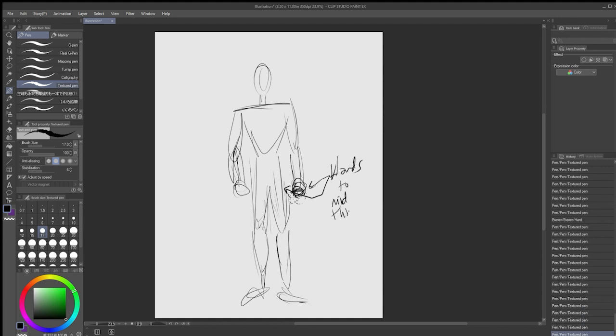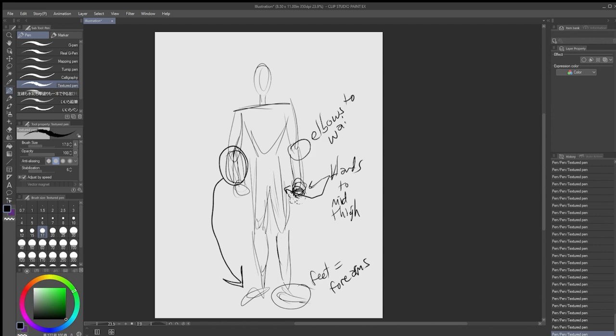I like to keep in mind where things generally go. So when you're standing up, your hands go to your mid-thigh, your feet are the same length as your forearms. That's a fun fact. Typically, they're about the same. Your elbows are going to rest near your waist. That helps me, because I can keep these things in mind, and then compress, and then the foreshortening happens beyond that.